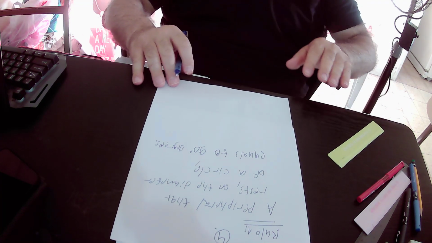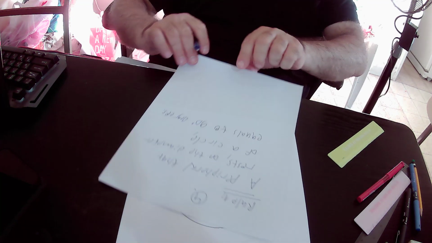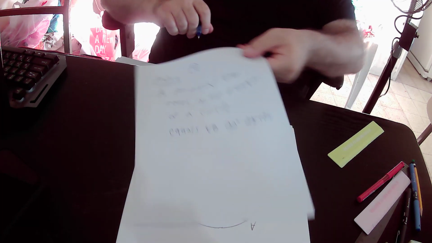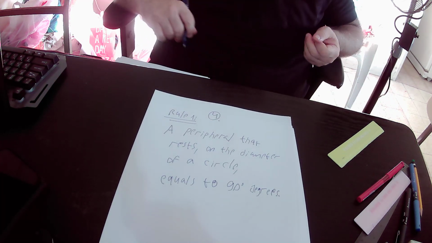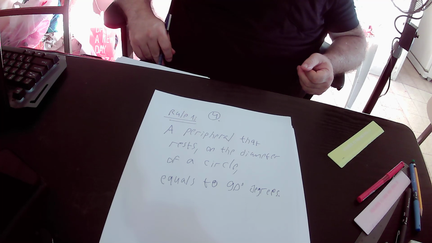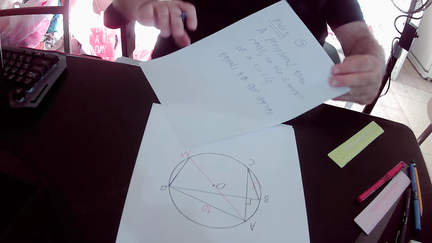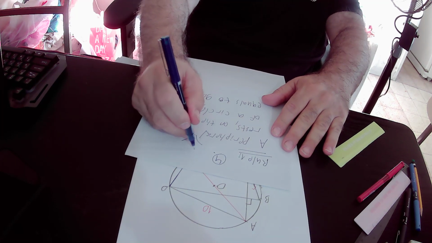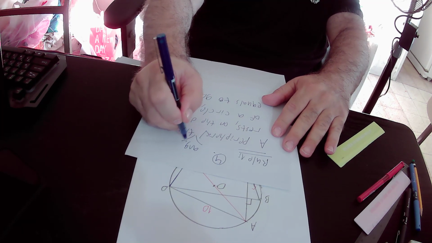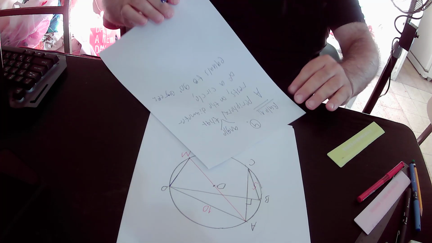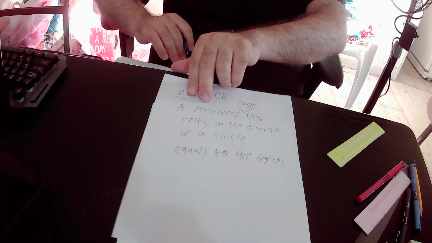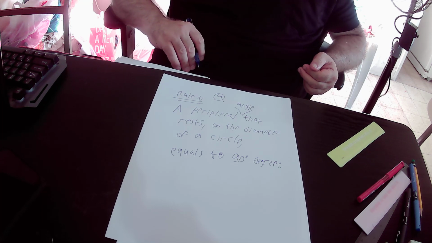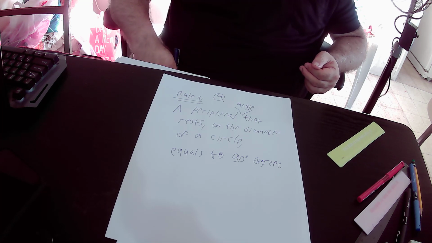I will read again rule number 1. Rule number 1 states that a peripheral angle that rests on the diameter of a circle equals 90 degrees.